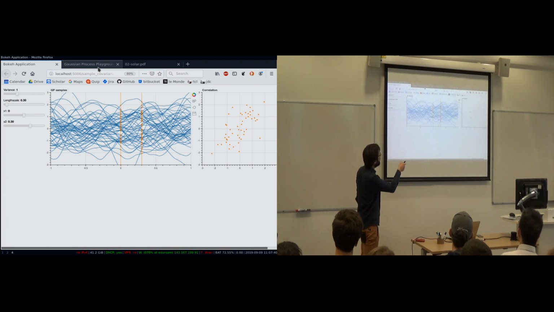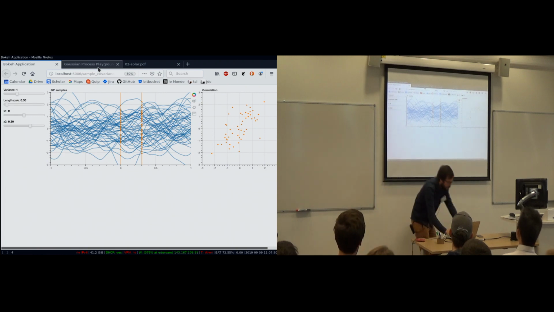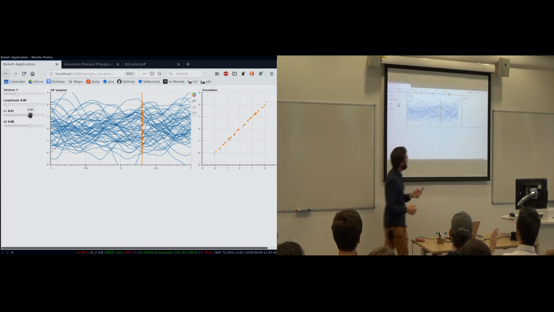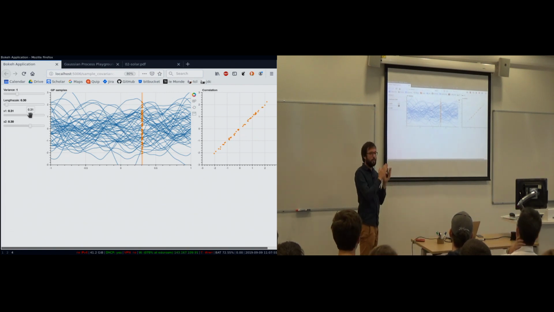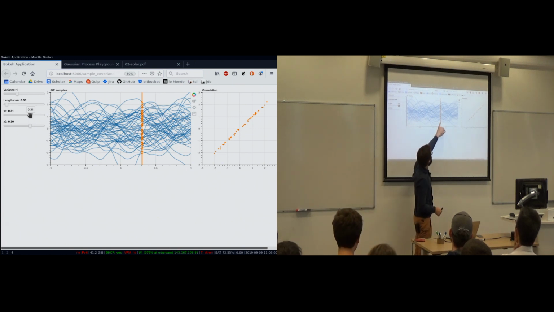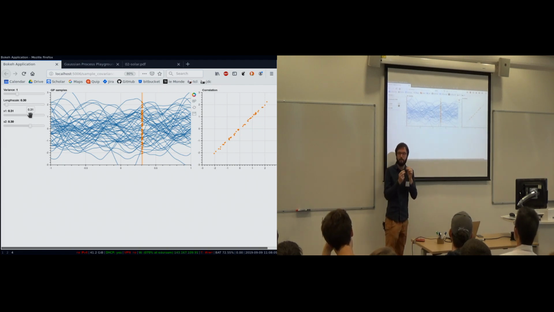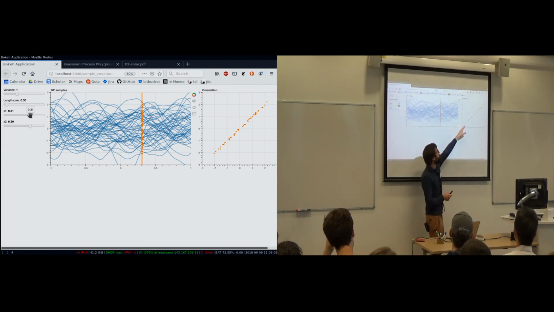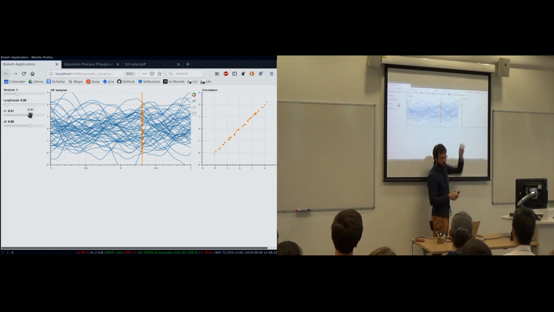If this is a Gaussian process, then these will be jointly Gaussian distributed. If I take the 2 points to be close by, then I find that the two values on the right are extremely correlated, because the values taken on this curve by these 2 points can't be really different. They have to be very close to one another. That's why we find a very high correlation between these points.